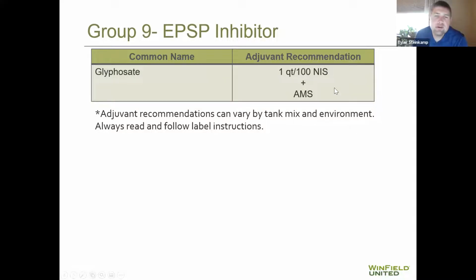Usually most people are using that at a 5 quart per 100 rate. With the 5 quarts, you're going to get some surfactant in there and some AMS. And then you're also going to get that Corn Sorb technology, which really helps with the absorption of that herbicide. And you can really see that in that video that we played just a little while ago.